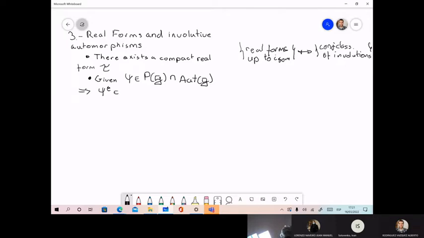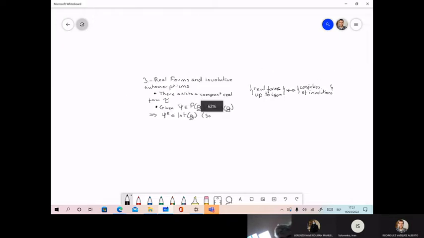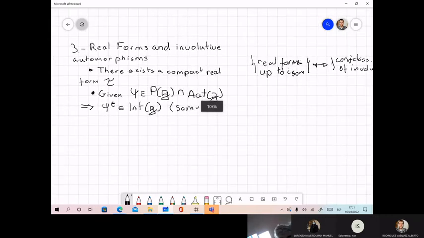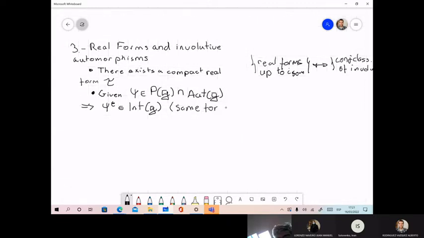And we have proven that this was an interior automorphism of G, and same for automorphisms, and for anti-automorphisms.